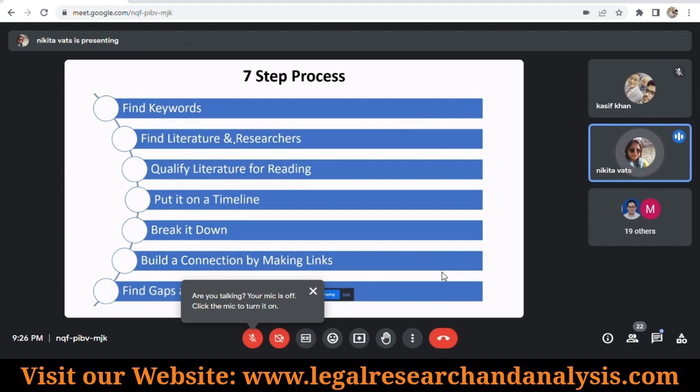Next is break it down into parts, right? For example, somebody was asking me yesterday, and I just asked her to divide it into portions. I can give you one example of this. For example, there is a researcher who is working on nuclear security, right? That researcher is working a lifetime on the nuclear security aspect.